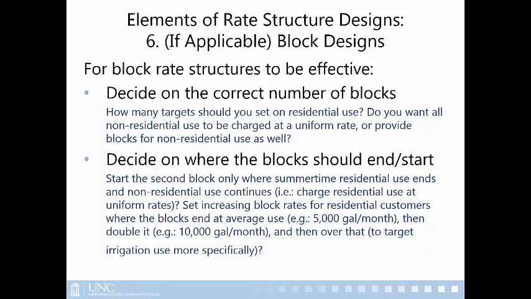But if you start the block rate too early, then you might find a lot of customers, their normal indoor use, wintertime demands, like just their day-to-day drinking, showering, cleaning, etc., exceeds the first block threshold, and you're charging them higher rates for what their basic needs are. And that might be seen as unfair or inequitable.